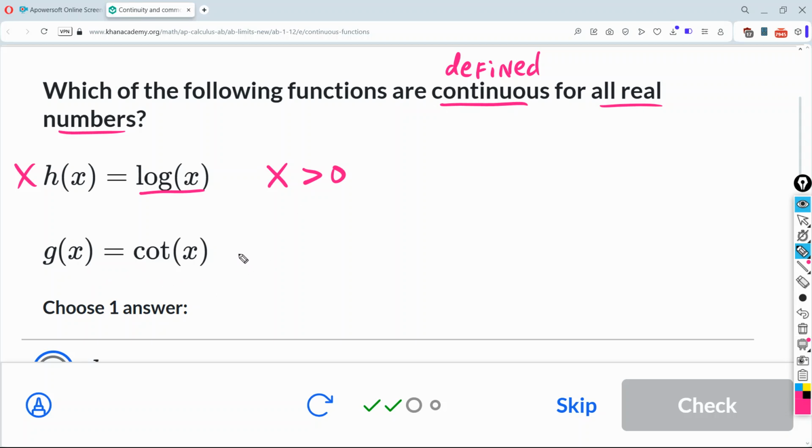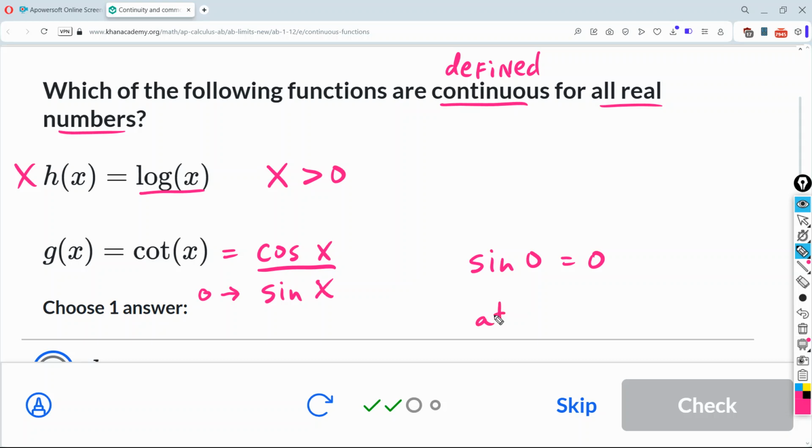All right, g of x equals the cotan of x. If you remember, tan is sine over cosine. Cotan is the reciprocal. Cotan is actually cosine over sine. And recall, when you have a fraction, you cannot divide by 0. You cannot have a 0 in the denominator. But if you take the sine of 0, that's going to equal 0.